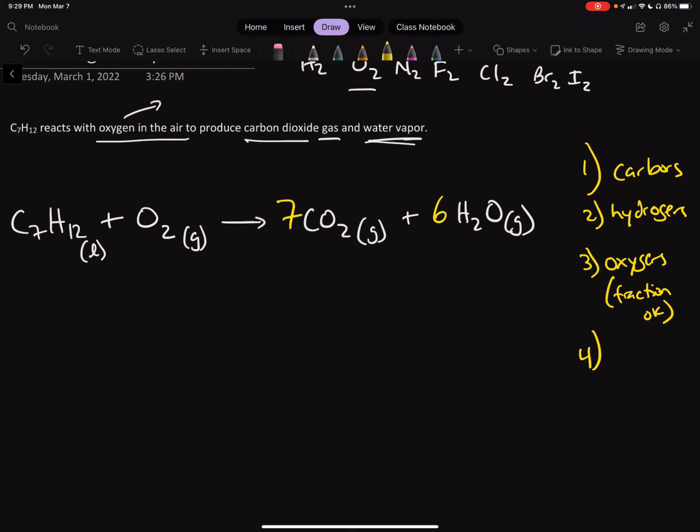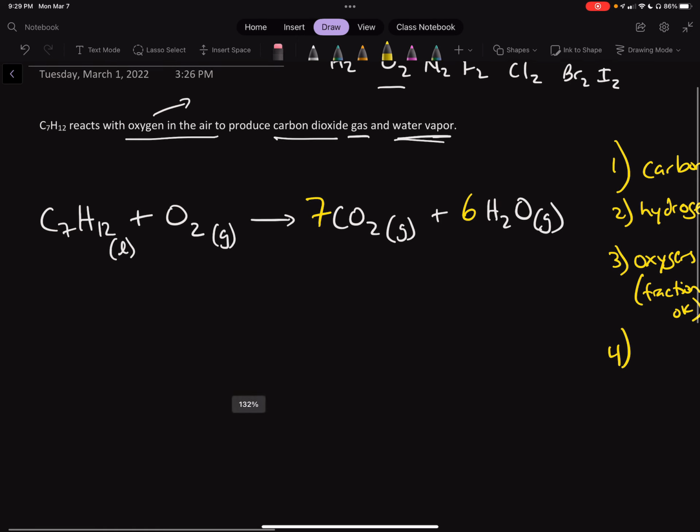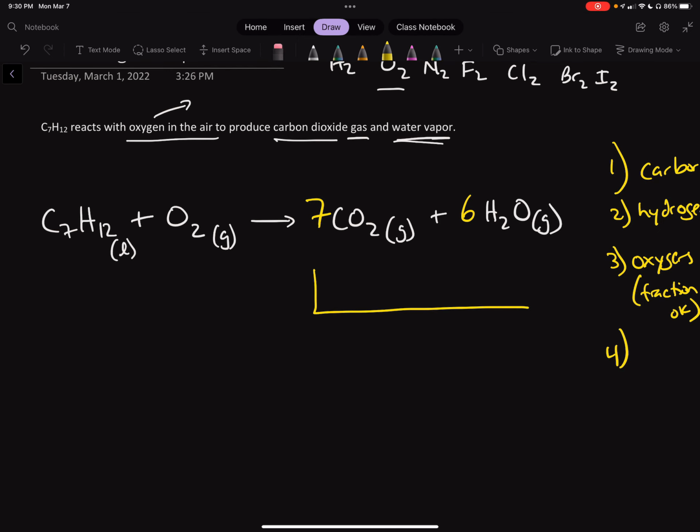So for balancing the oxygens, I'm saying for right now in this moment, if you have to use a fraction, that's okay. So what that means is you count up all the oxygens you see on the right side, and you make a wish upon a star and say, okay, what number would I put in front of the oxygen to force them to be balanced? And if it's a fraction, it's okay. So I see 7 times 2, so there's 14 oxygens from the carbon dioxide, and then over here I have 6 times 1, so there's 6 from the water. 14 plus 6, I'm pretty sure, is 20 oxygens.